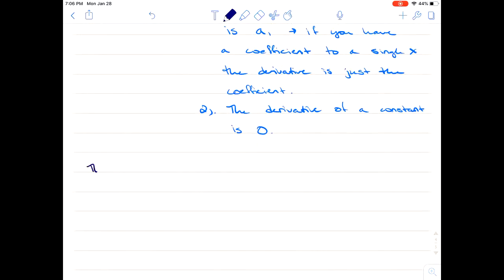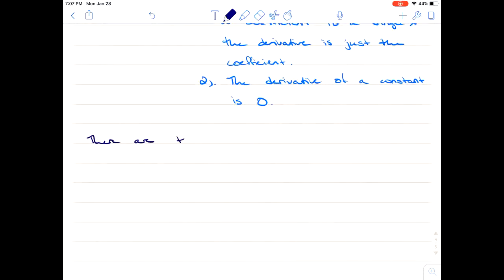Let's just say there are technical ways, of course. In fact, it's the whole or half of the field of calculus. There are technical ways of finding the derivative of a polynomial.